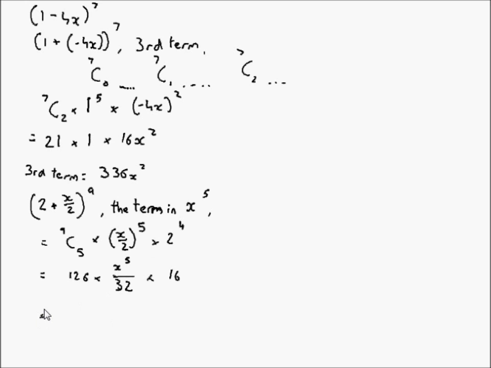And this equals 63x to the power of 5. And that is the term in x to the power of 5. And they're basically the types of questions you are most likely to be asked in a C2 paper. And that is binomial expansion for you.